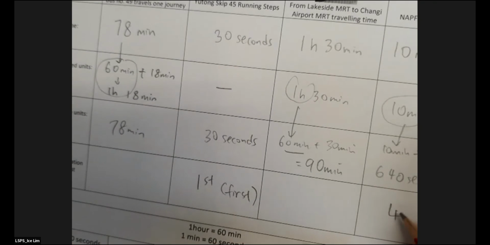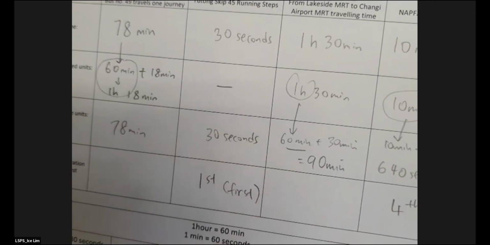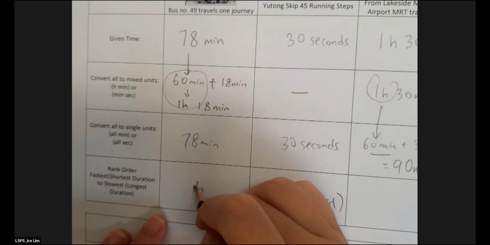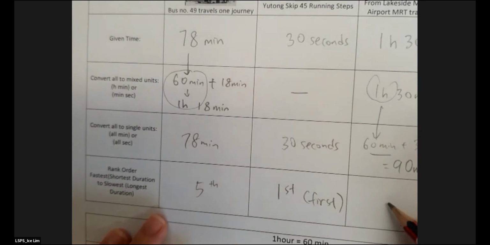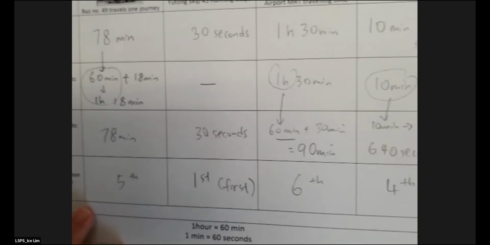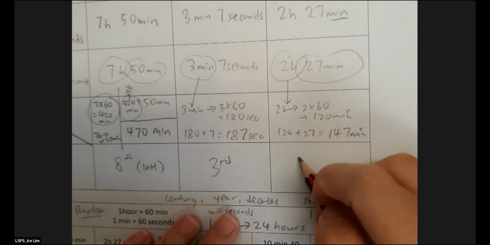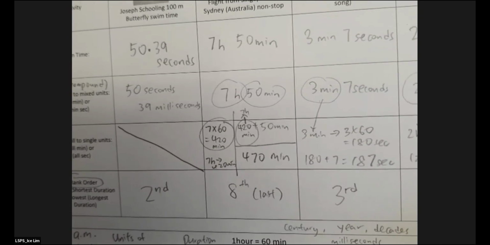The fourth will be the running time, the NAPFA time. Then the bus journey, then the MRT, then Jurassic World, and then the plane ride. Is it okay?